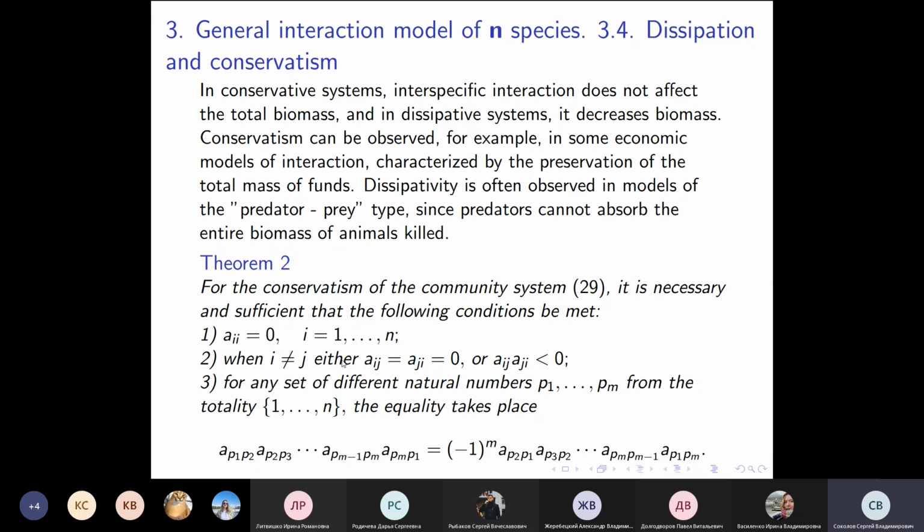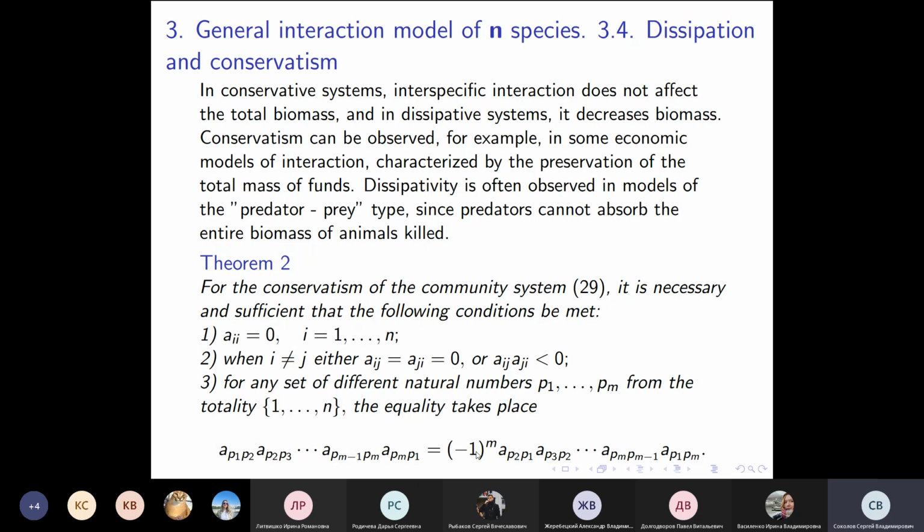So in the simplest case, A_ii is 0, and A_ij and A_ji, the product is negative. And if we consider the set 1, 2, we'll see A_12, A_21. Oh, no, there is only one. This product is only one.